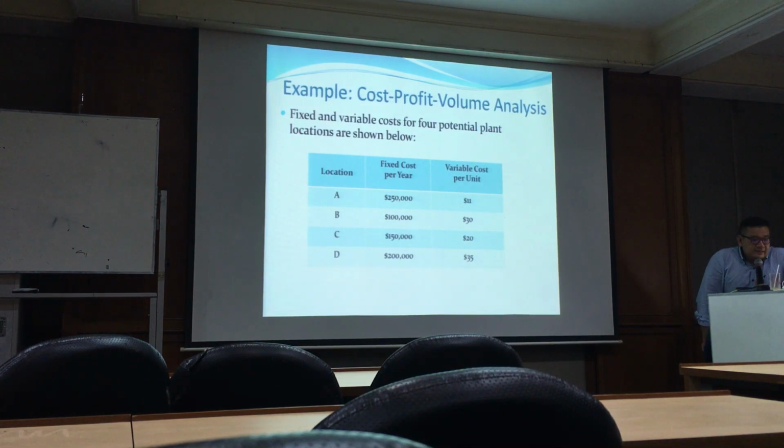In this case, once again, you might not know which one is the best location if you consider total cost. You might think that, for compromise, C might be the best one, but actually it's not, because we don't know yet. It's based on the number of units that you consider.